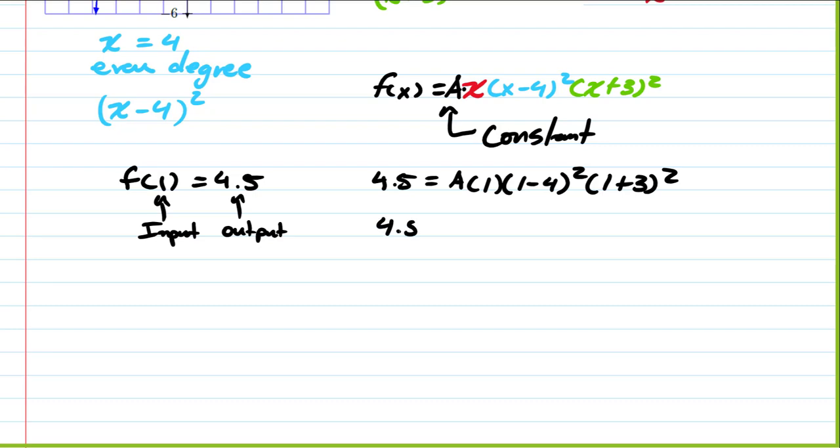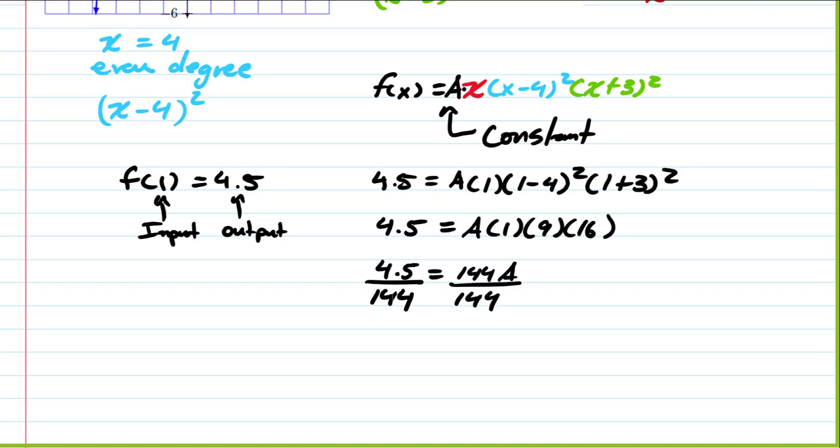So 4.5 is equal to a times, 1 minus 4 is -3. -3 squared is 9. So times 9. And 1 plus 3 is 4. 4 squared is 16. So 4.5 is equal to a times 9 times 16, which is 144. So we divide by 144, divide by 144.